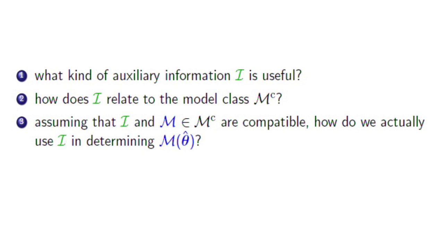Okay? Let's suppose you have a very complicated nonlinear structure that you want to fit to data. And suppose you know that your system is stable, open loop stable. That's information. That's useful. So you want your model to be open loop stable.